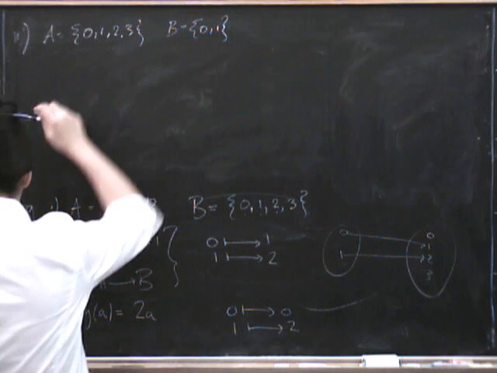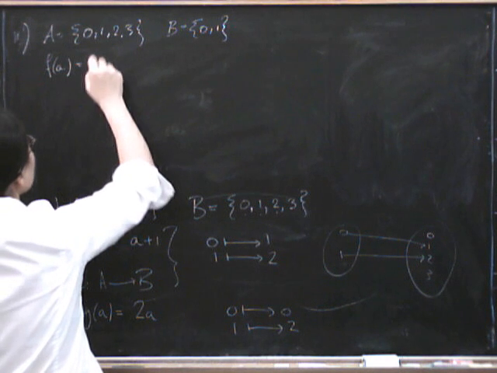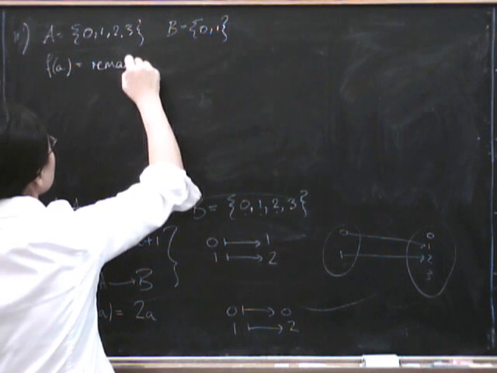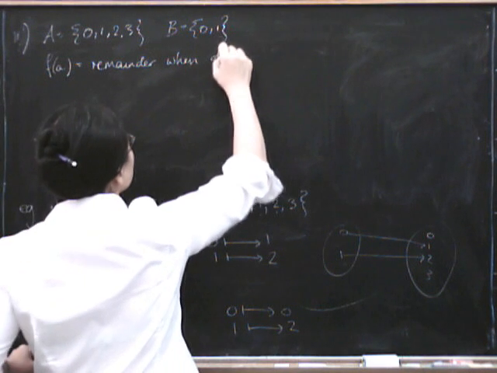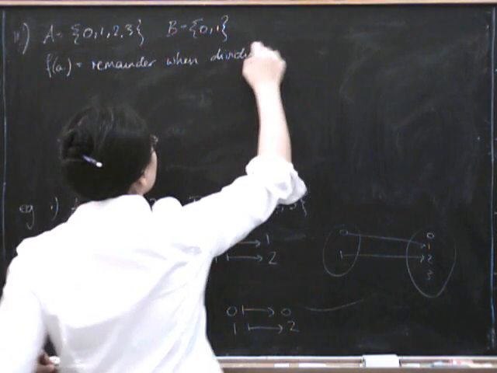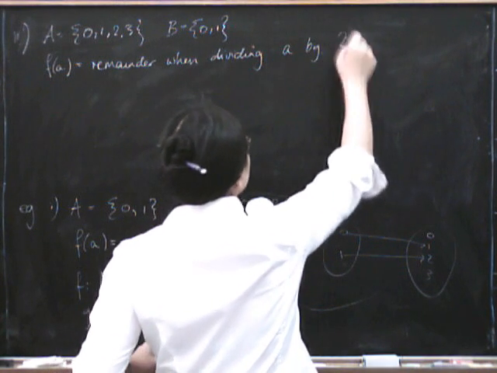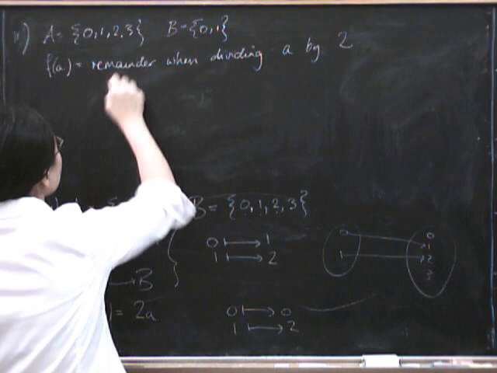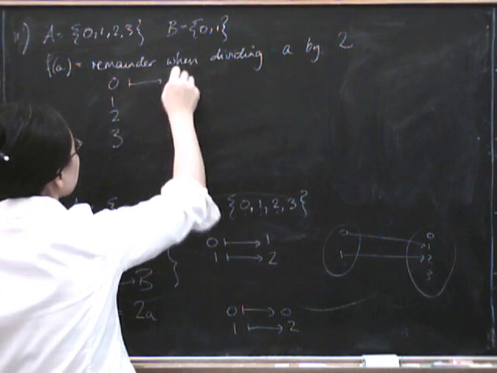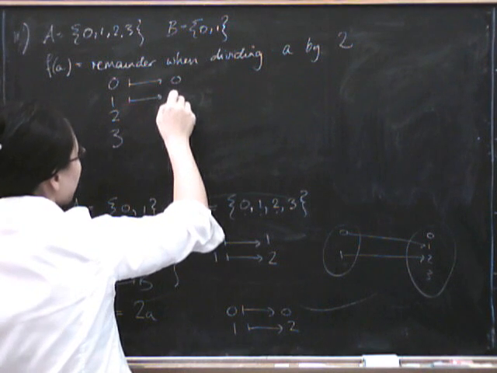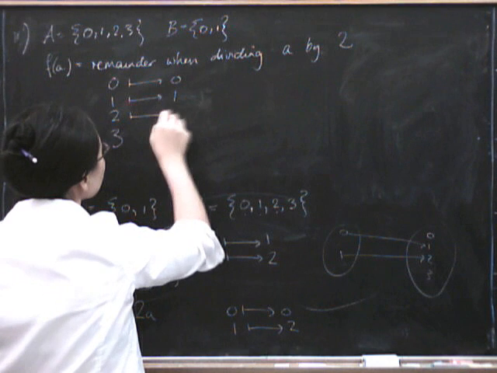So this is going to be f of a is the remainder when dividing a by 2. Okay, so we have 0, 1, 2, and 3. 0 goes to 0. 1 is odd, so when you divide it by 2, you'll get remainder 1. 2 is even, so you get remainder 0.